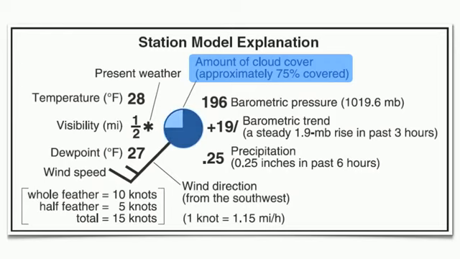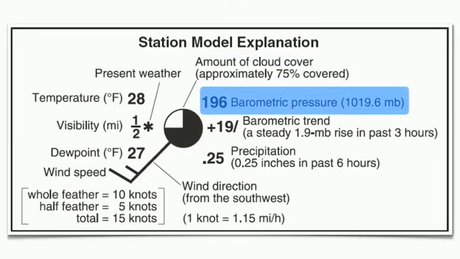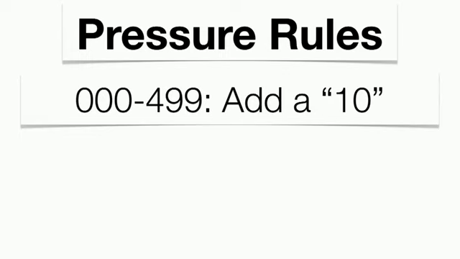Probably one of the more common questions asked of a station model is going to be about your barometric pressure. Now, your barometric pressure on a station model is always going to be a 3-digit value. There's a little rule that you need to follow in order to figure out exactly what the air pressure is going to be. If your pressure value on your station model is between 000 and 499, you're going to put a 10 in front of that.